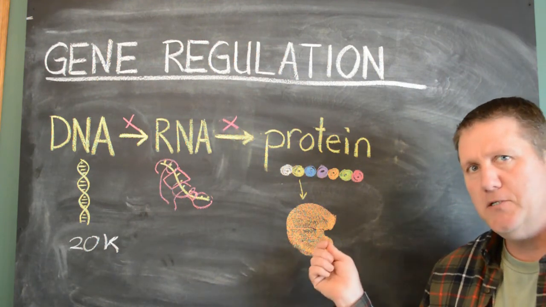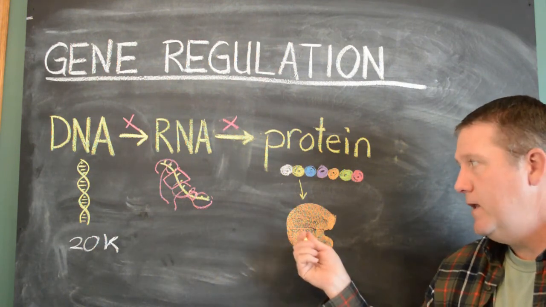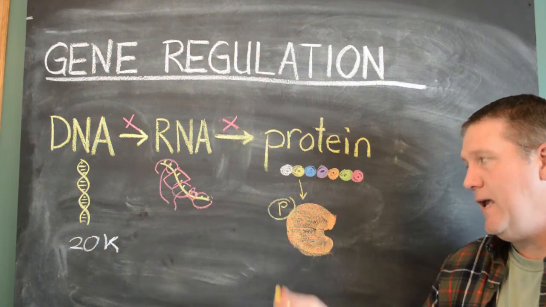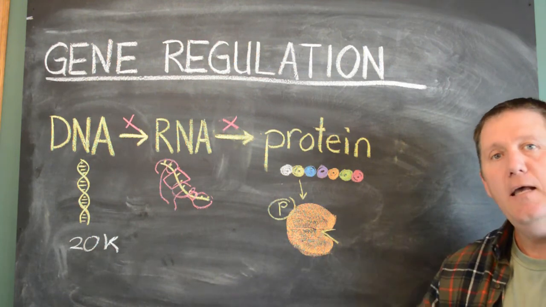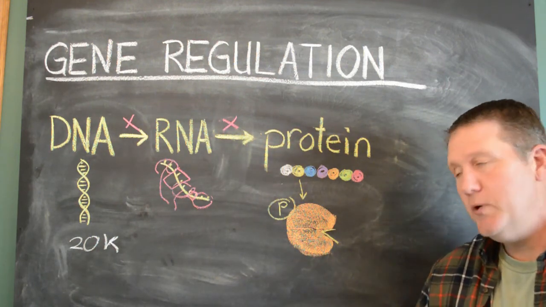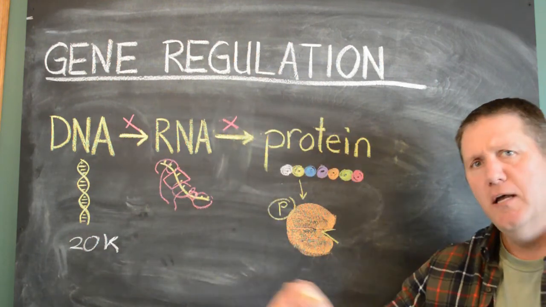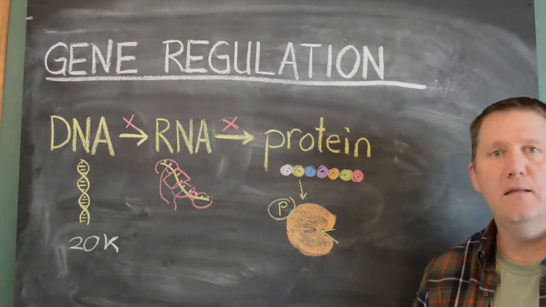So this is basically coming back around to the same thing, saying, I have a protein, and another way I can activate that is, for example, to add a phosphate group, which changes the active site, and now that protein is activated. So we can even wait till the very last minute, and that still kind of falls under, at least in a broad sense, this idea of gene regulation.